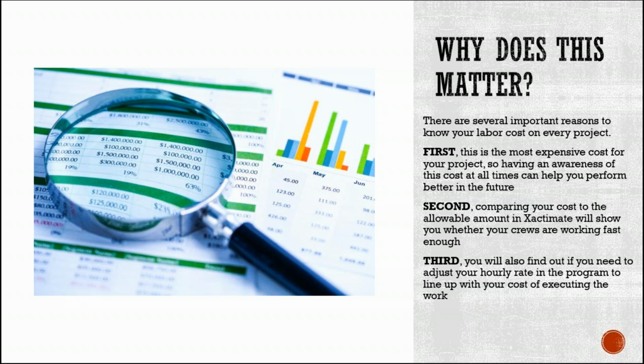Finally, third, you'll also find out if you need to adjust your hourly rate in the program to line up with your cost of executing the work. Right now, Xactimate gives you a general amount of money that they assume you're paying your workers. Well, for a lot of companies, they don't adjust those rates in Xactimate to make their own price lists. You may find out that you're paying your guys $20 or $22 an hour, and then when you add on that burden, the amount of money it's costing you exceeds the amount of money Xactimate's giving you, because in your area, for instance, they might only be giving you $13 as the hourly wage with all the burdens attached.